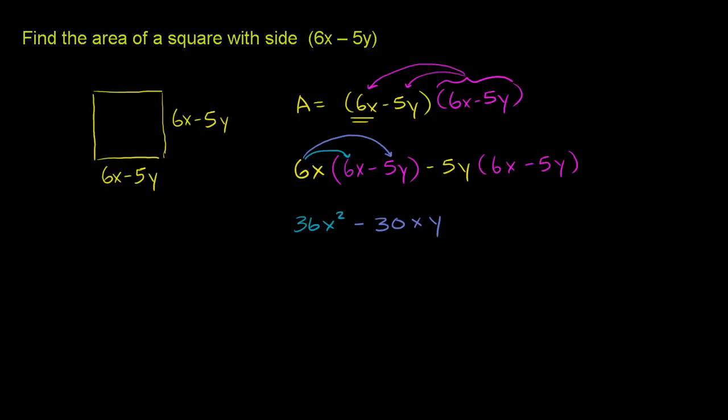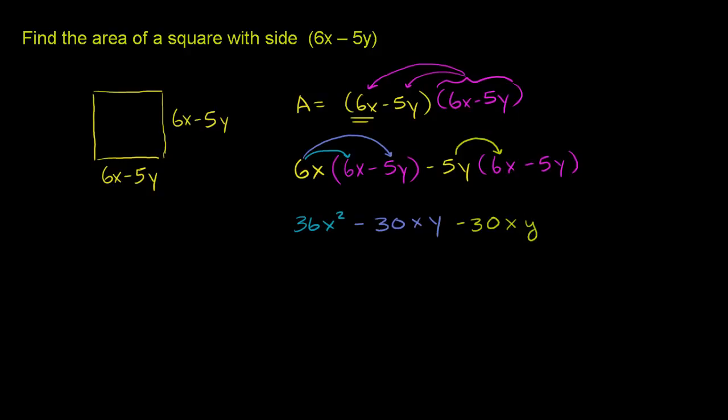Then I have this negative 5y times this 6x right over here. So negative 5 times 6 is negative 30, and I have a y and an x, or an x and a y.